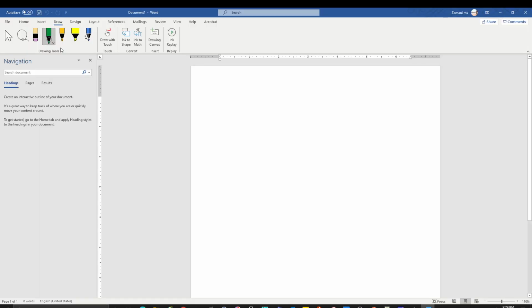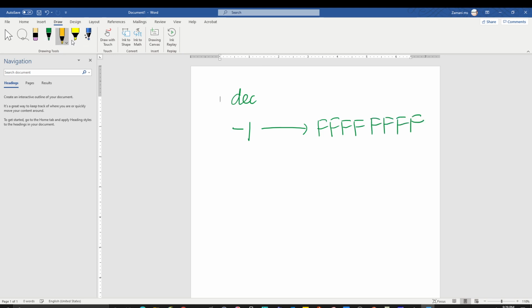So -1 in decimal is equivalent to FF for 8 digits. Because this MSB is equivalent to 1, the system says that this is a negative number.